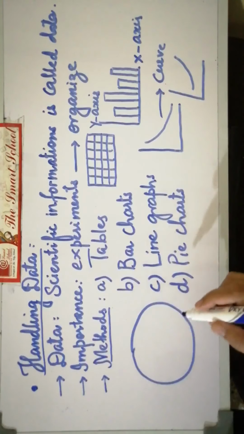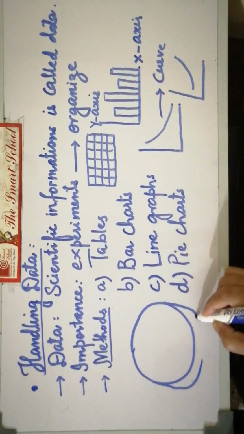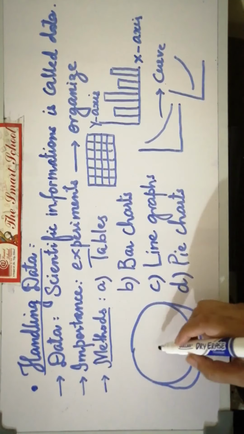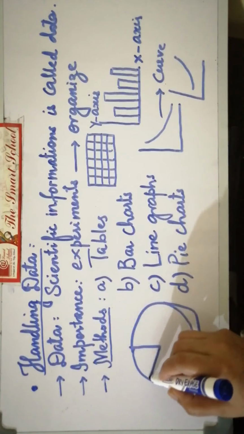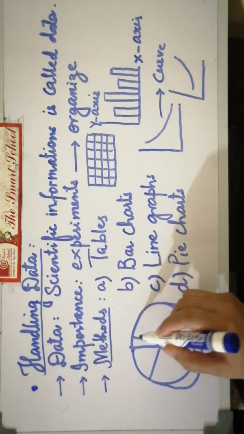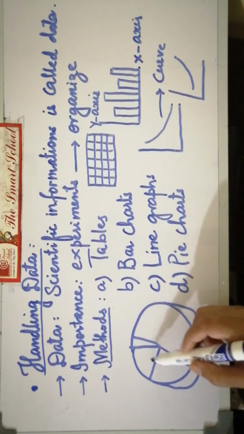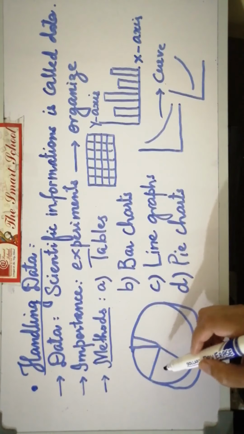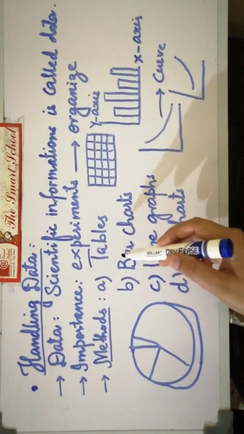You make a pie in a circular form, and then you represent your values in the form of slices. Some slices are bigger, some are smaller, and some are in between, that is medium. In this way you will be able to describe all these methods of data presentation.